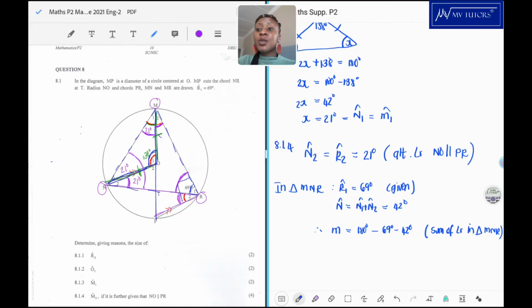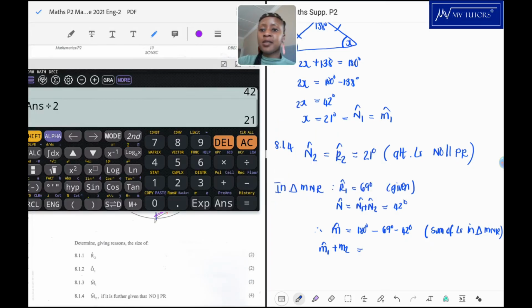Okay, so now we know that M consists of M1 plus M2, right? And then, we're going to use the calculator. We're not even going to try to solve it in our minds, lest I make a stupid mistake.